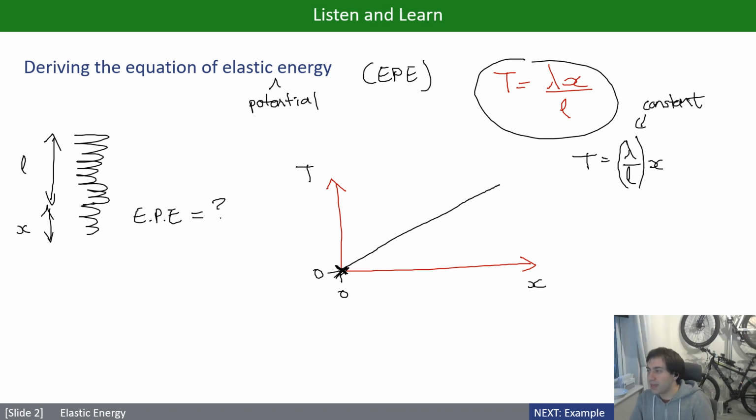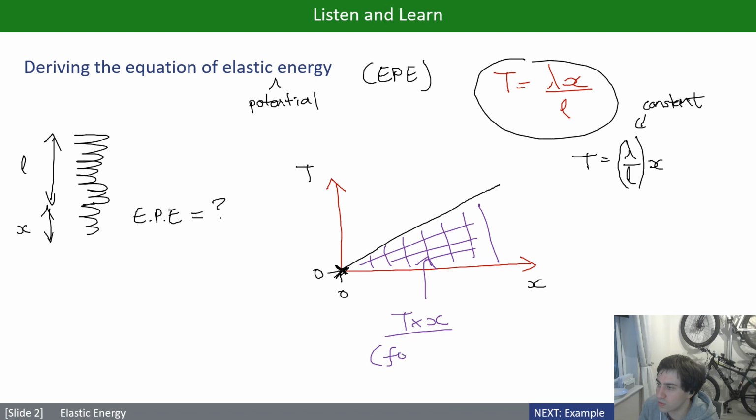And now let's think about, what does the area under the graph represent? Sometimes areas under graphs are meaningful, sometimes they're not. In this case, what this area effectively is, is tension times displacement, or in other words, it's force times displacement, I suppose, or distance.